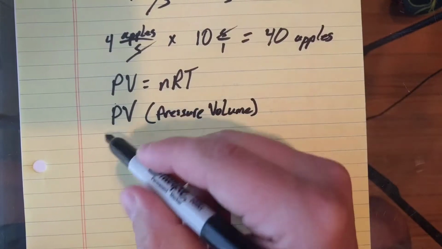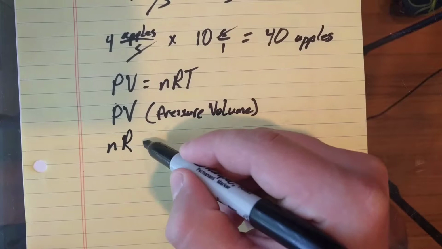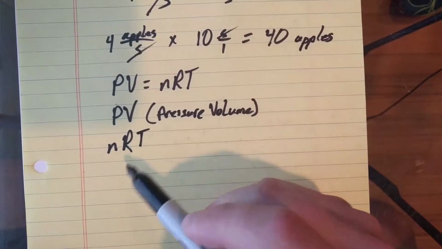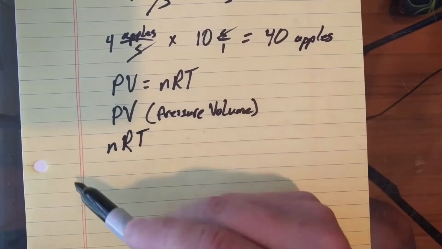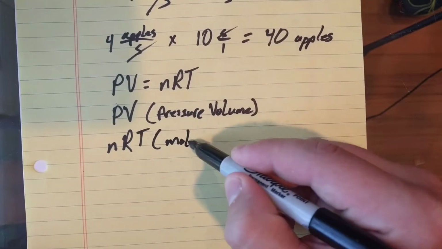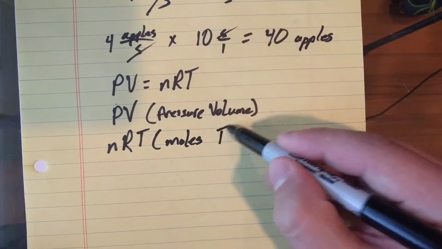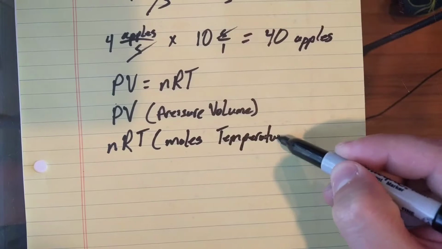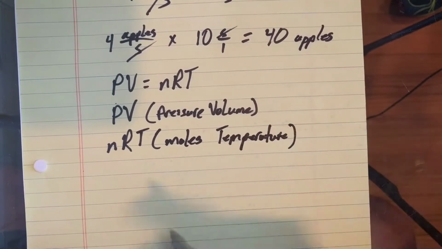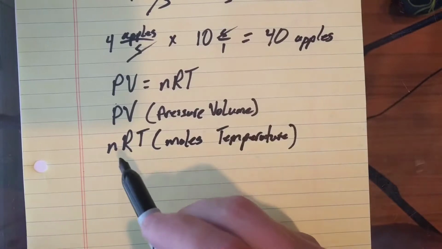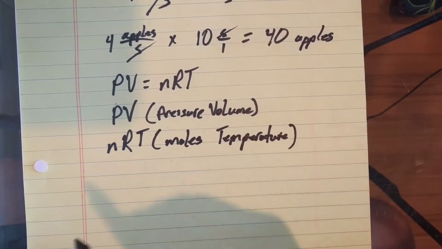And then on the other side, in RT, R is a constant whose units are determined by all of the other numbers. So you're going to have moles and temperature on the other side. And then whatever R would be. So R has to be these units.